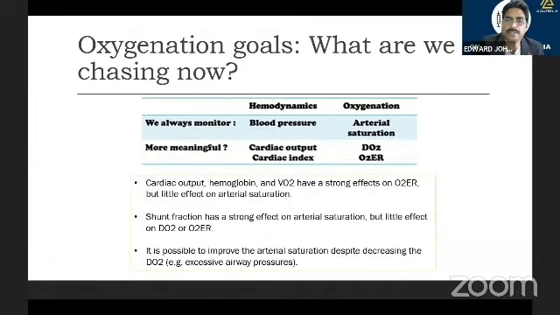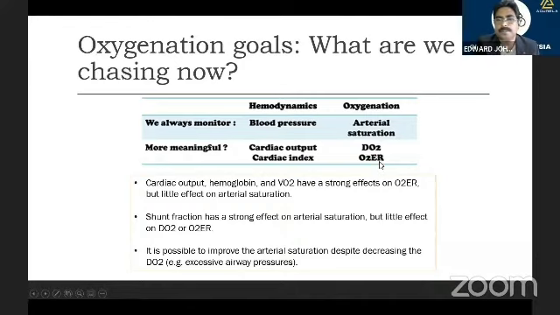The target should be oxygen delivery and oxygen extraction ratio rather than the arterial oxygen saturation. Suppose the oxygen saturation is below 90% and you take it as your target, what will you do? You will increase the FiO2 and also increase the PEEP to satisfy the oxygen saturation. But you don't bother about the oxygen delivery and oxygen extraction.